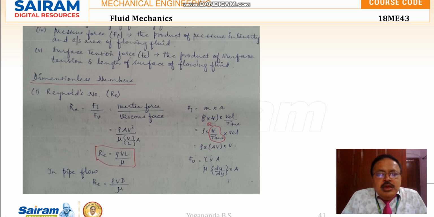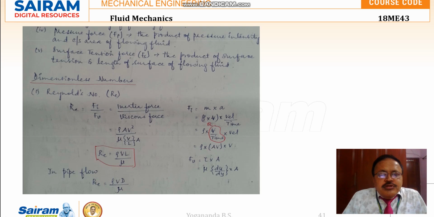This ratio we call discharge Q into velocity. Velocity by time is discharge, which is written as the product of A into V. So Q is equal to A V. Now inertia force will be substituted as rho into A V square.